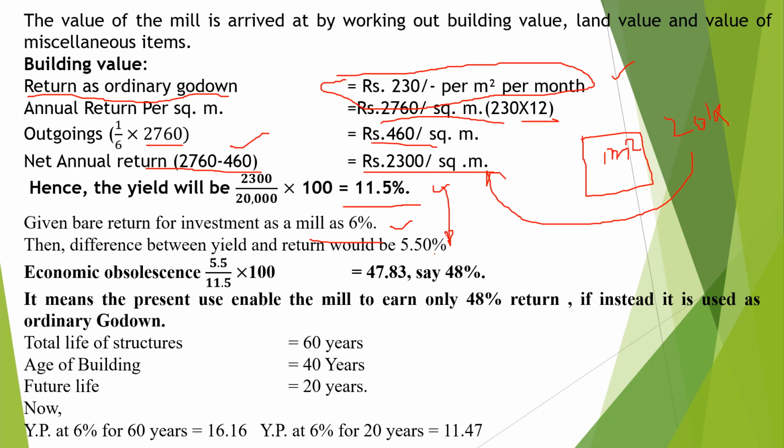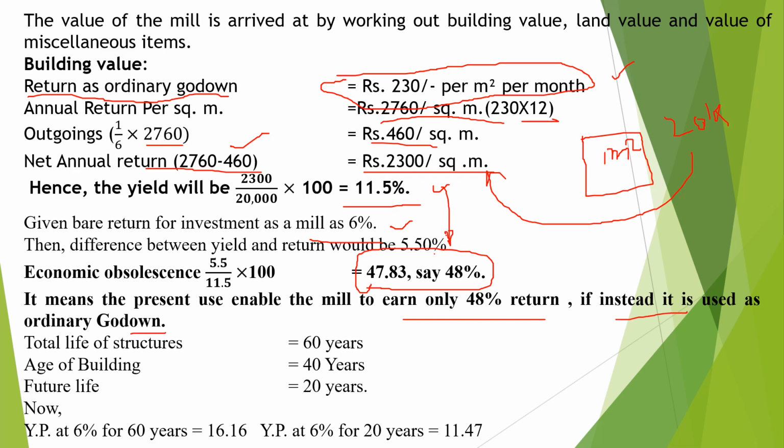Instead of 11.5%, you are getting only 6%. So if you convert it into percentage, you are getting 48% less return. It means the present use enables the mill to earn only 52% of what it would earn if it were used as an ordinary godown.